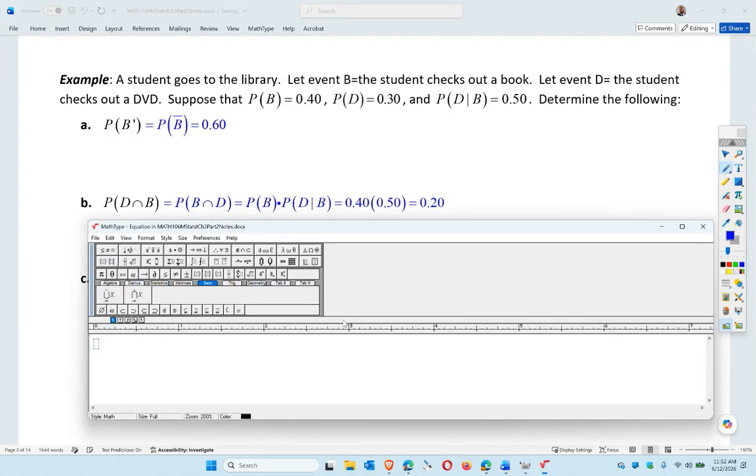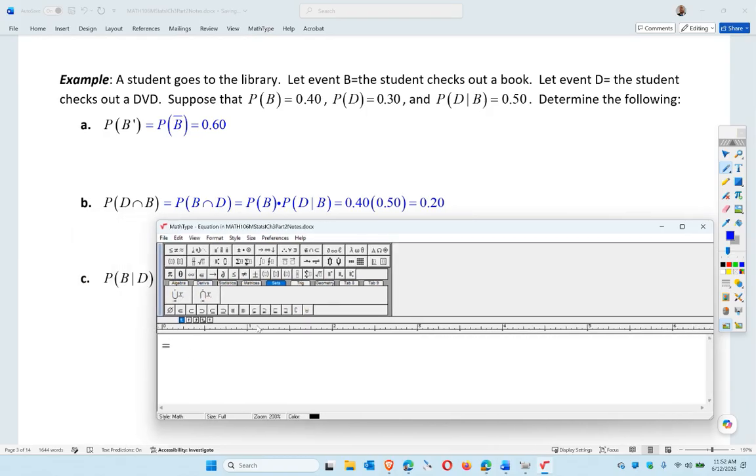Okay, so equals, shrink that down a little bit so we can actually see it. So a fraction: this is the probability of B and D over the probability of D, which is the condition. Because this is the condition right here, the second thing, which is what happened already, or is the subpopulation.